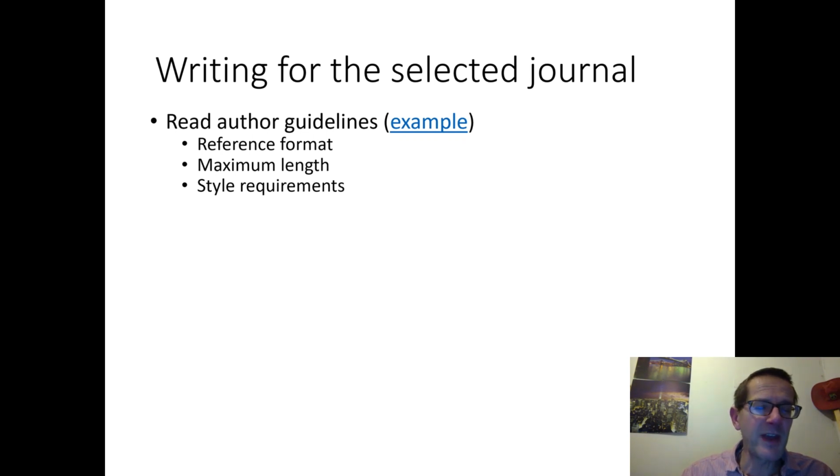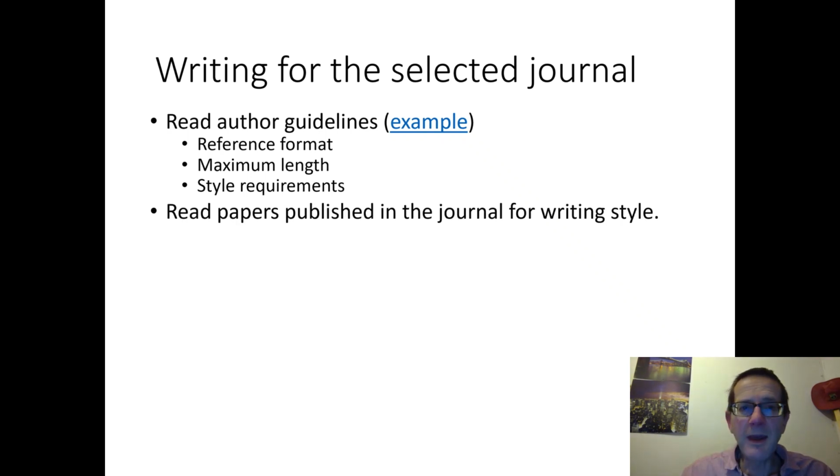They might specify headings that you have to use or some other requirements. So read the guidelines and make sure you follow them really strictly. You don't want to give the reviewers an extra reason to reject your paper because it doesn't follow the style guidelines.